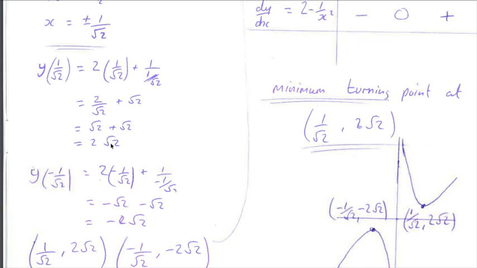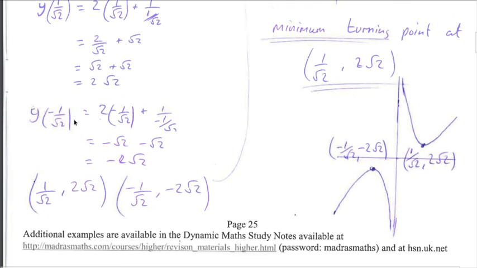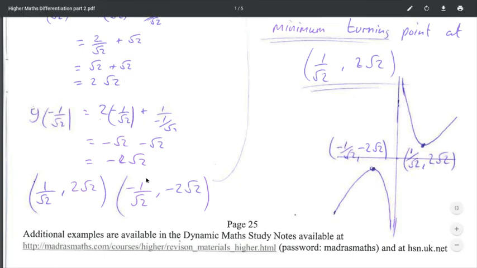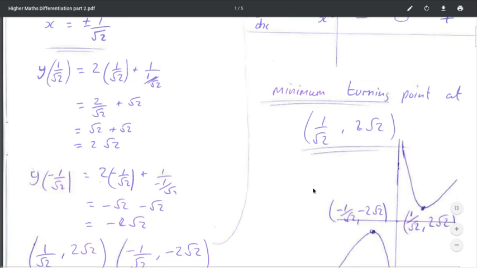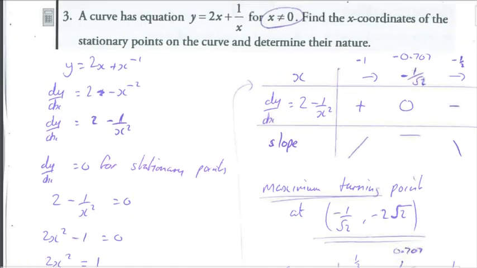So we'll get 2 root 2. So when x is 1 over root 2, the y-coordinate is 2 root 2. Substitute in negative 1 over root 2, and going through in exactly the same way as the one above there, we'll end up with negative 2 root 2. So those are our two turning points, or two stationary points.